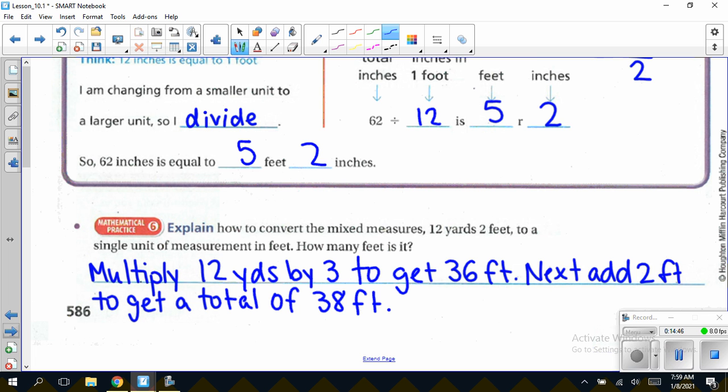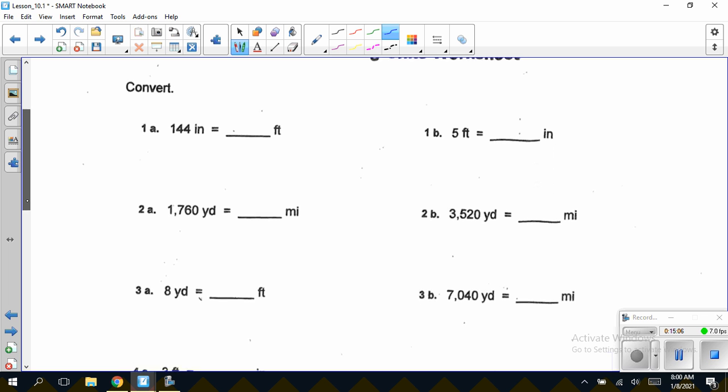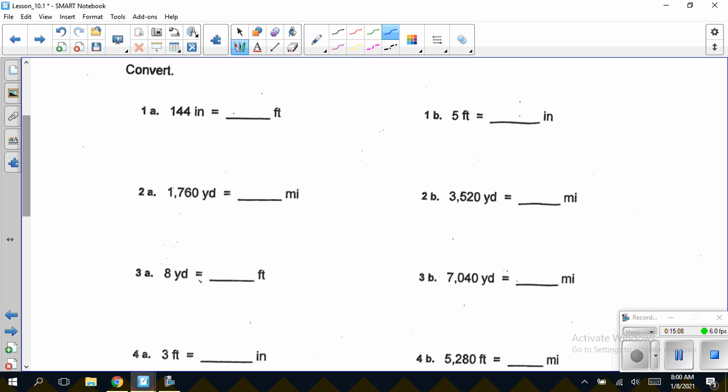Moving on to the next page. We are in school going to be working on just doing some conversions. This will be placed into Schoology if you need to continue to practice more, I highly encourage you to practice. So for 1A and B, you have 144 inches going to feet, and then 5 feet into inches. 2A and B, you're converting yards and miles.